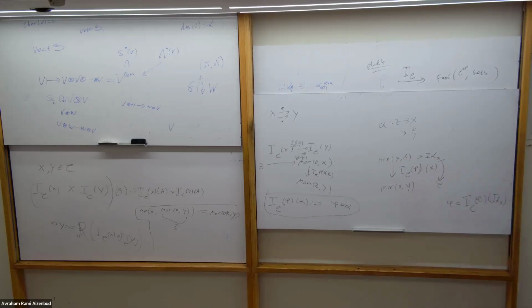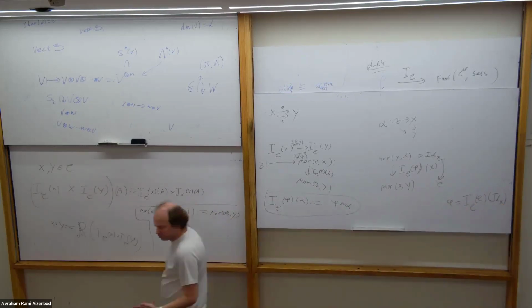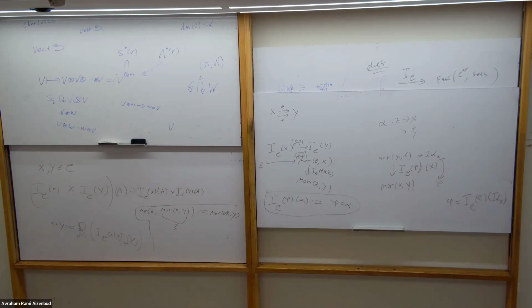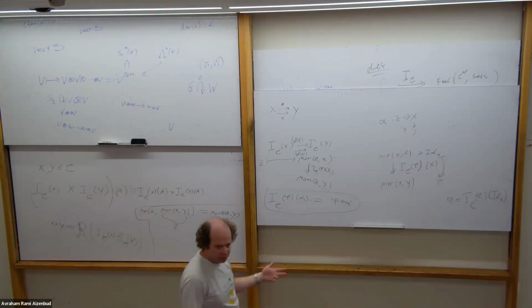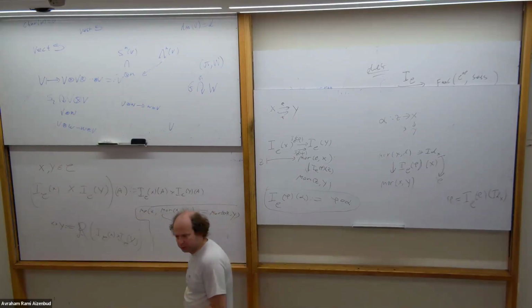Yes, so it already gives a good start for proving the full faithfulness part. So what does full faithfulness mean? We have a morphism between IC of X and IC of Y, and we want to find a morphism between X and Y that corresponds to this morphism.